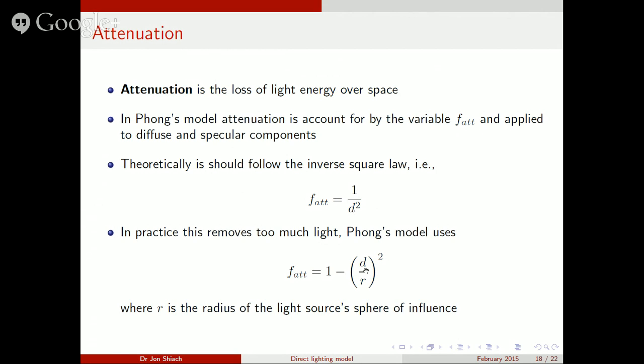So d is the distance, r is the limit of the light source's sphere of influence. So r is, okay, how far away are we from the light source before we don't see any of that light? Okay, so this is just a proportion. So 1 minus this, and that gives us a good model for attenuation.